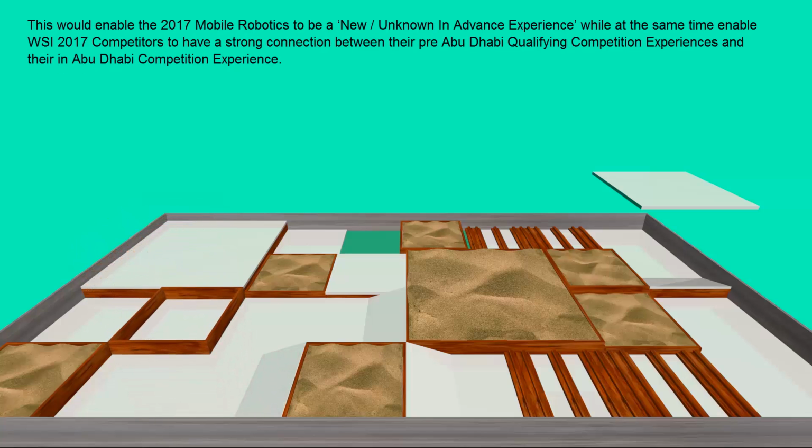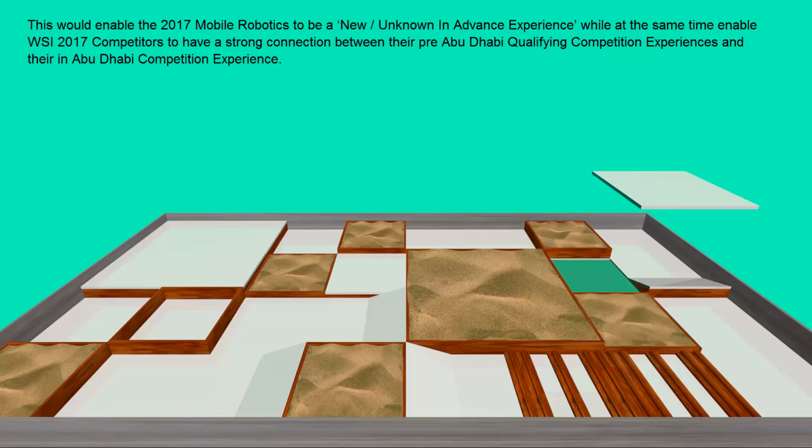This would enable the 2017 mobile robotics to be a new, unknown, and advanced experience, while at the same time enable WSI 2017 competitors to have a strong connection between their pre-Abu Dhabi qualifying competition experiences and their in-Abu Dhabi competition experience.